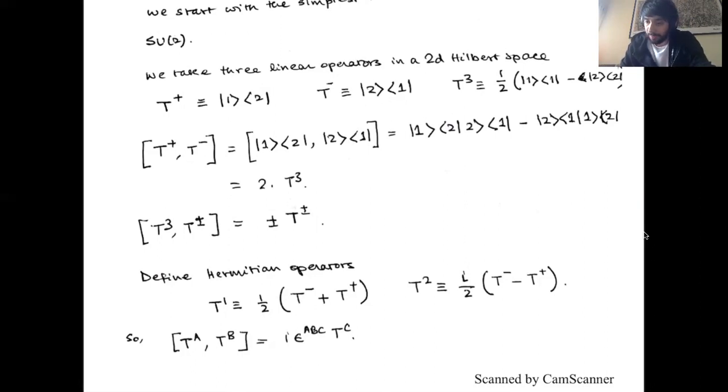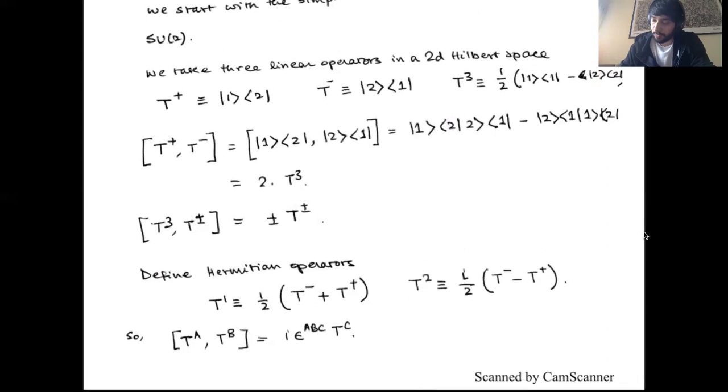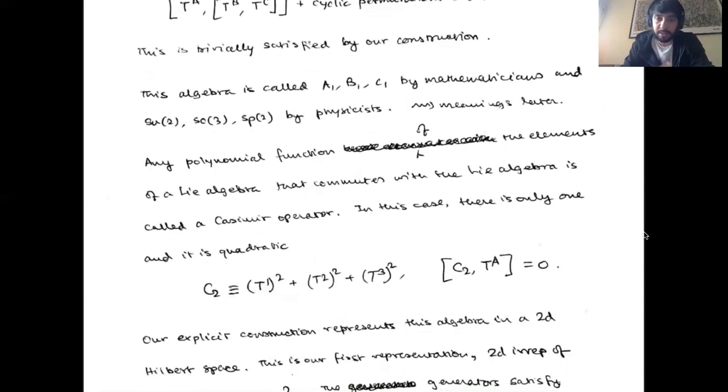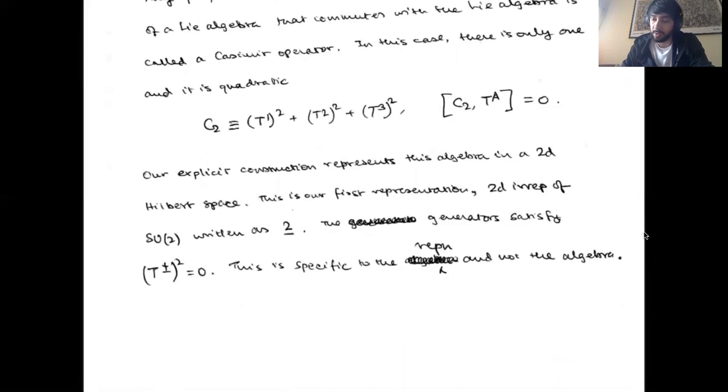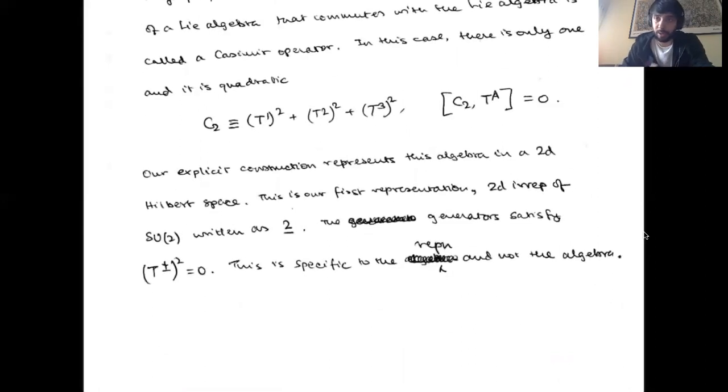Then we went on to trying to understand how to construct representations of the algebra. What we are going to be doing is looking at the quadratic Casimir, and that is going to help us in our labeling of what the states in the representation would be.